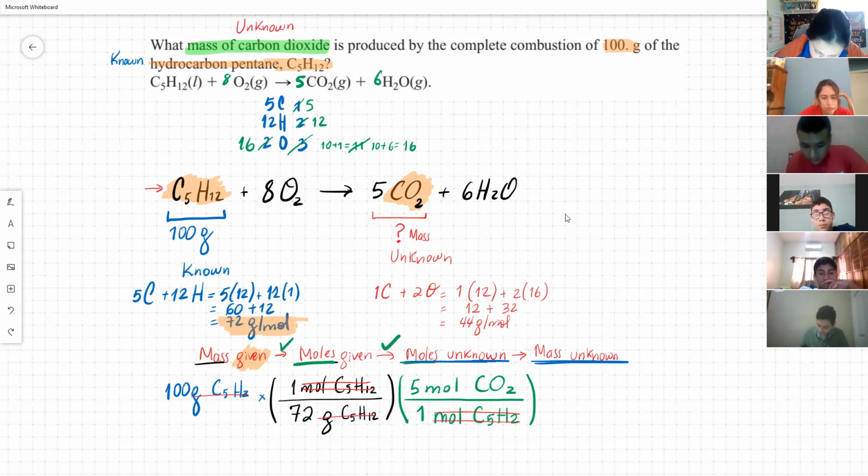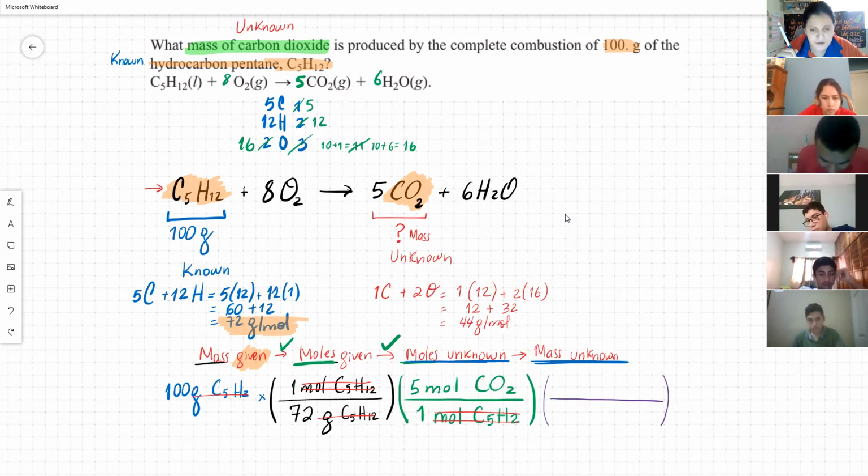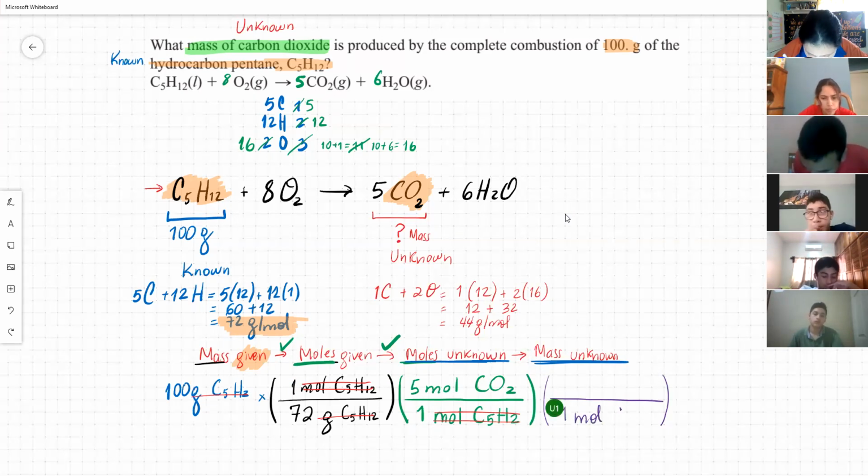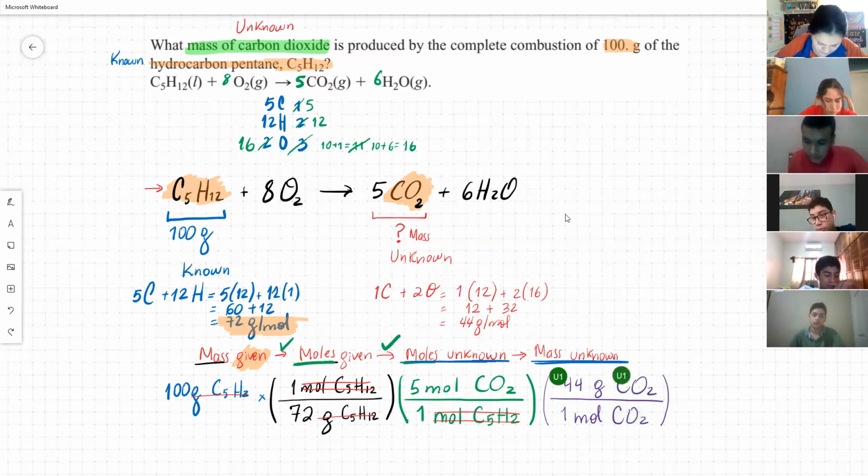So where am I going to put the moles of CO2, up or down? Down. 1 mole CO2 that has a mass of 44 grams of CO2.